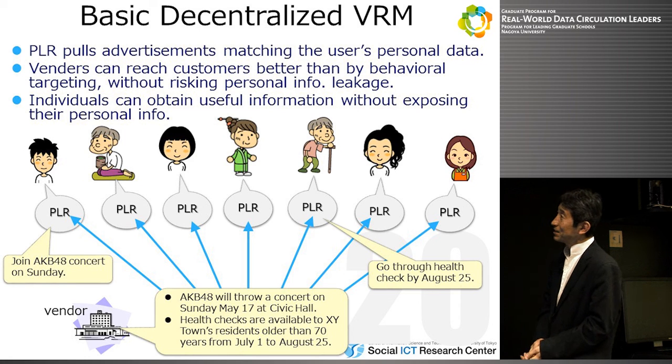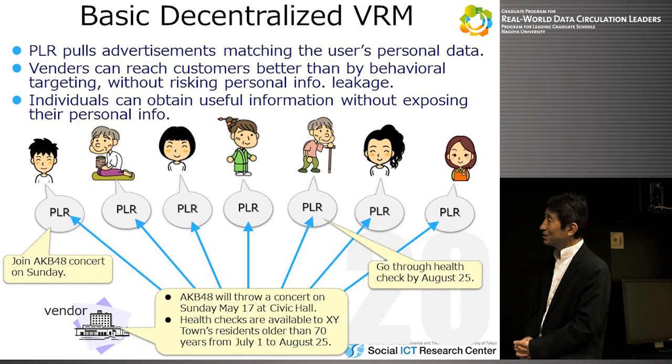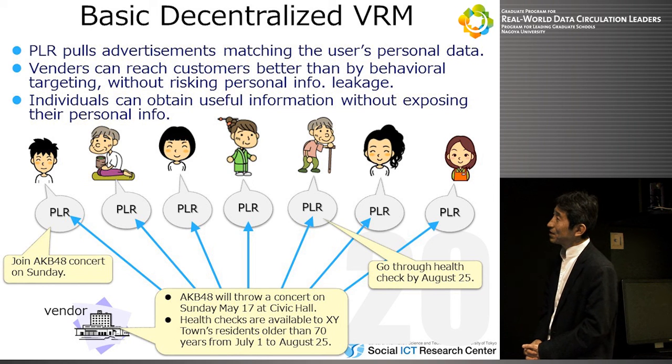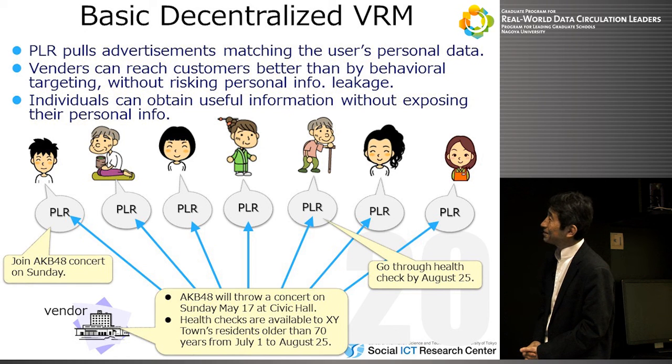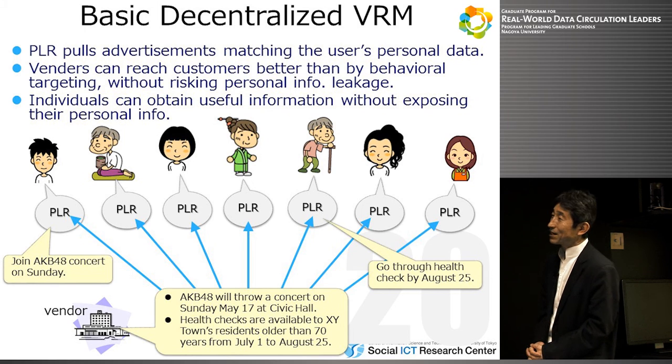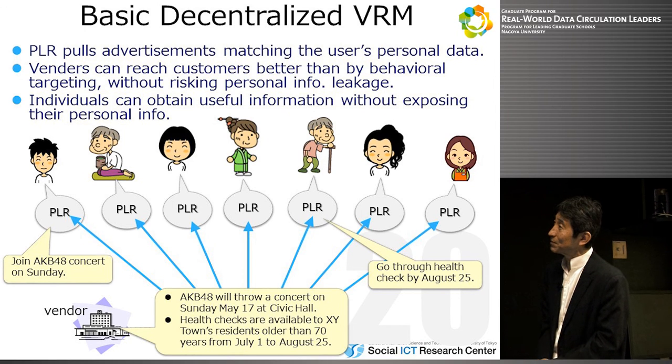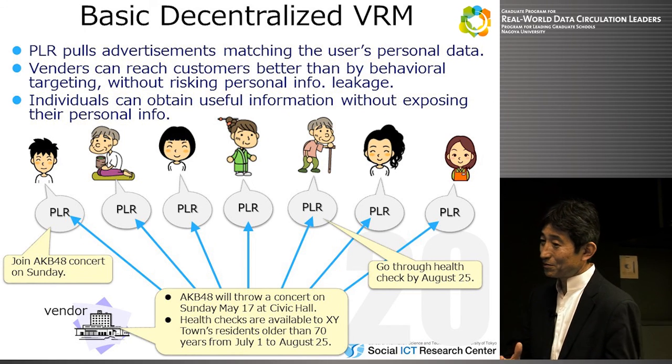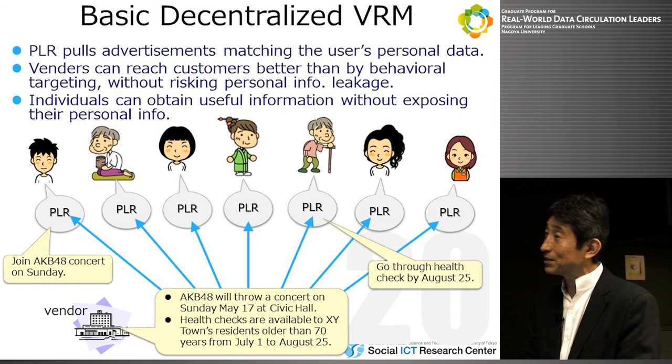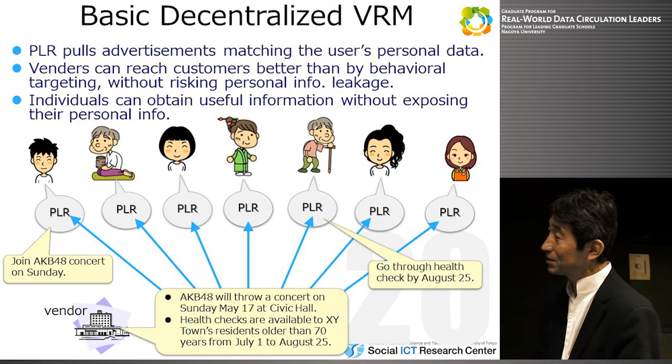And this is a little advanced use case of decentralized PDS. That is called VRM. Sorry, I forgot to write down what VRM is an acronym for. VRM stands for Vendor Relationship Management, which is to be compared with CRM, which is Customer Relationship Management.